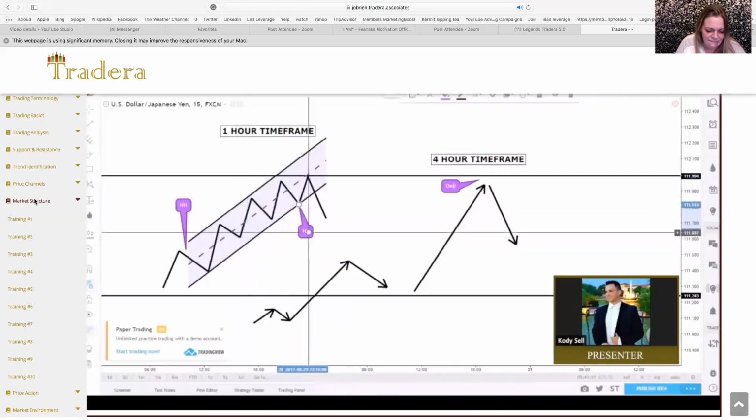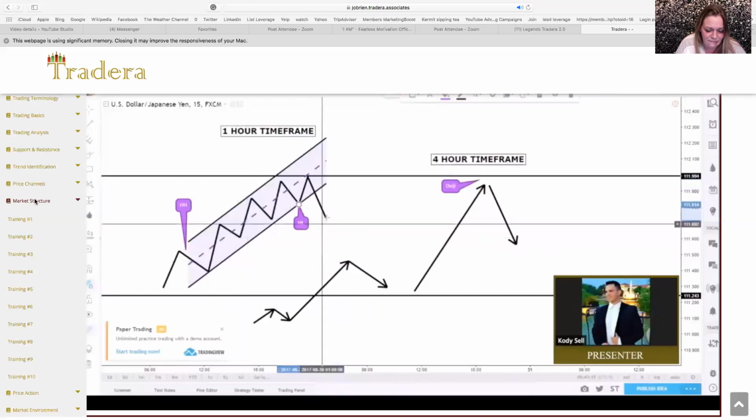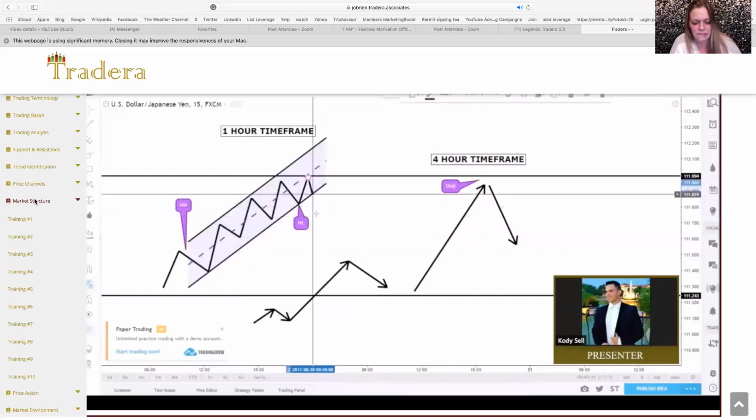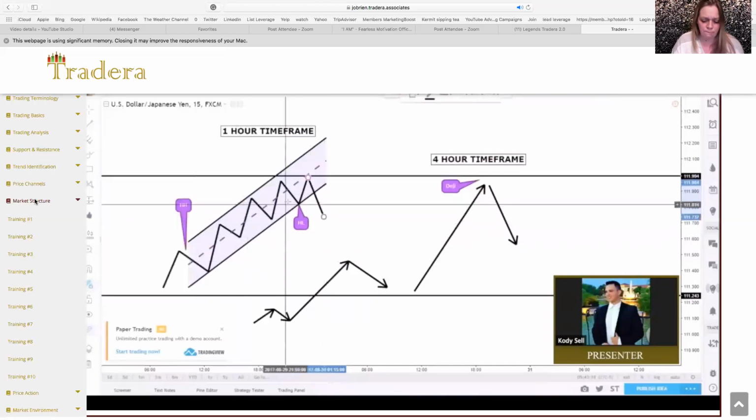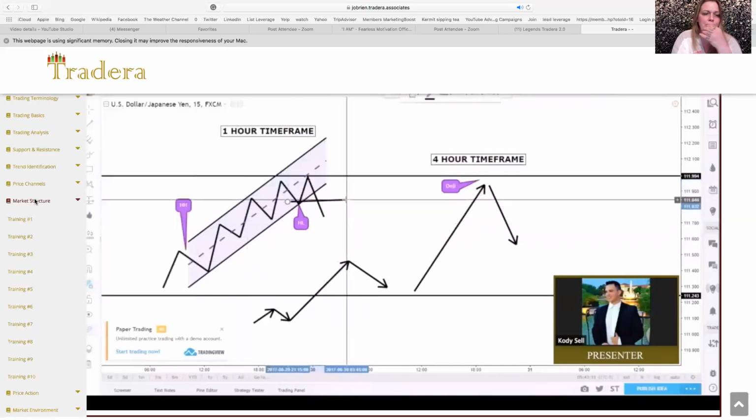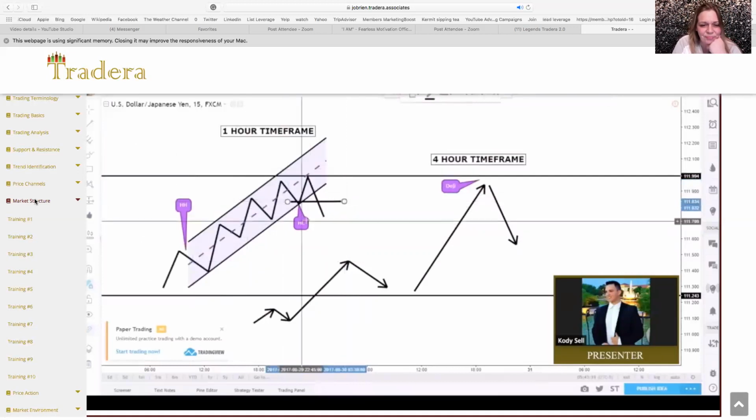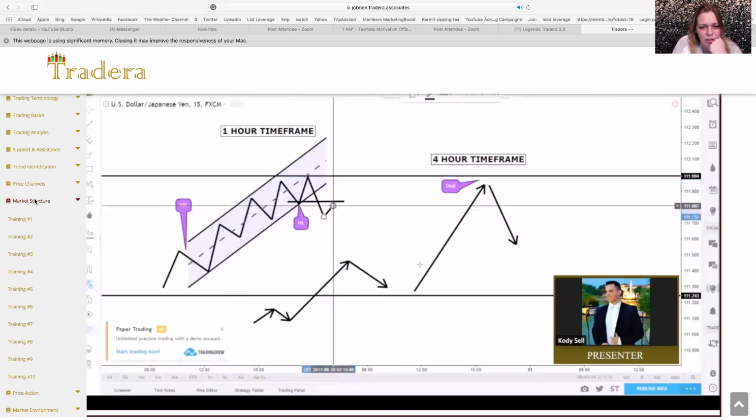So we need to see price break this area before we have a breach in structure, and boom, you see price breach this structural level here, okay? And you see that price is holding and retest outside.